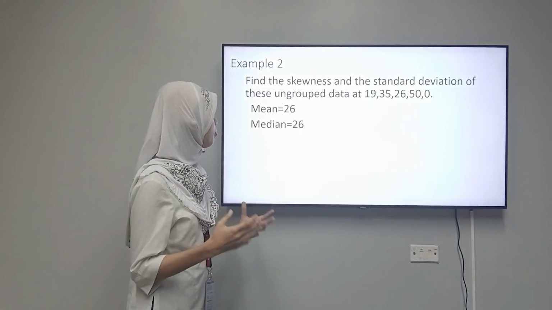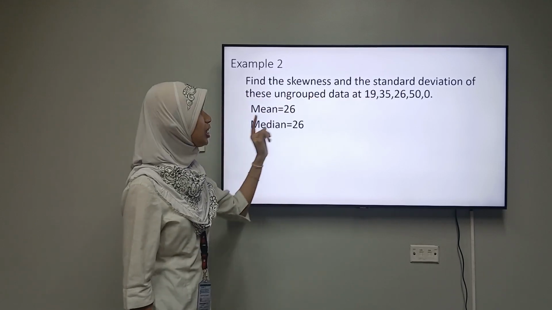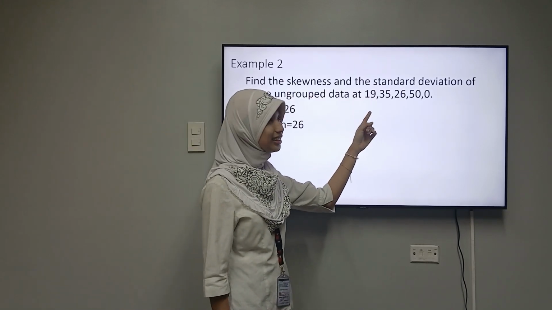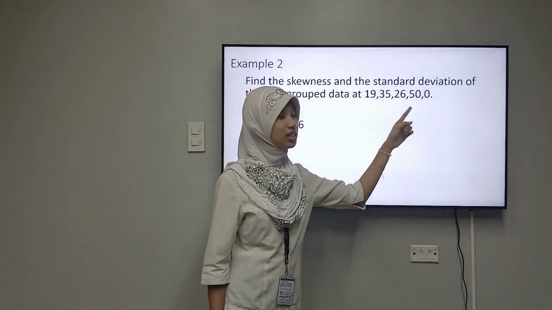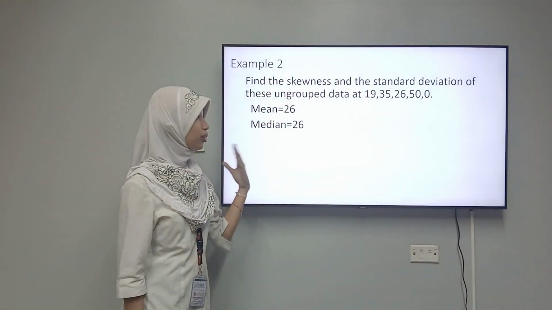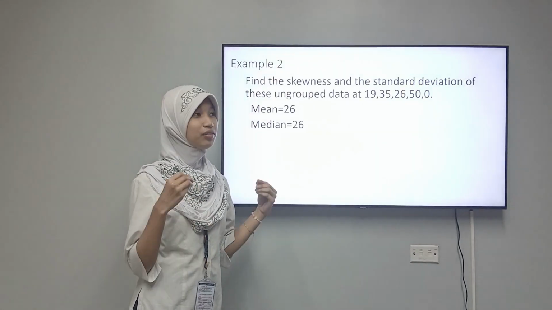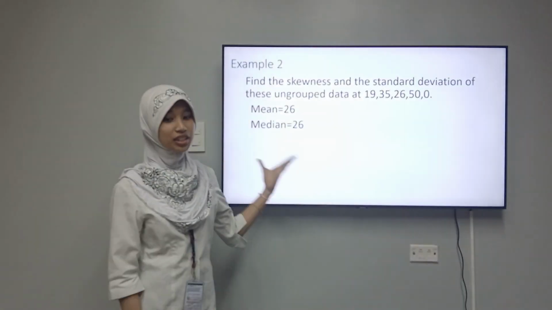In example number 2, find the skewness and the standard deviation of these ungrouped data: 19, 35, 26, 50, and 0. In this problem, the mean and the median are already given. We're just going to find the standard deviation before we find the skewness.